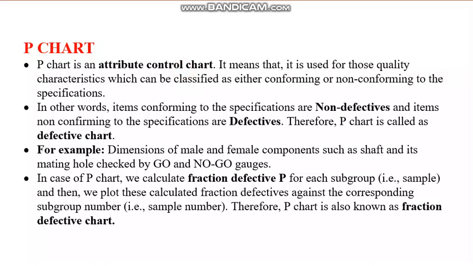The P chart is an attribute control chart because it is drawn for attributes. It is used for those quality characteristics which can be classified as either conforming or non-conforming to the specifications, whether it is passing the quality check or failing the quality check. It is so simple.